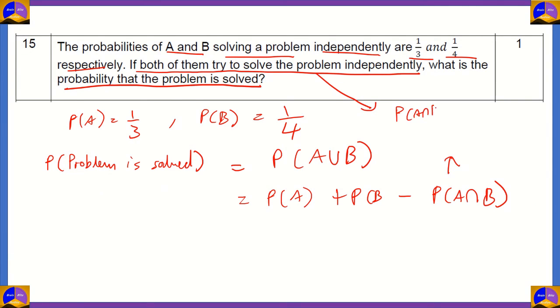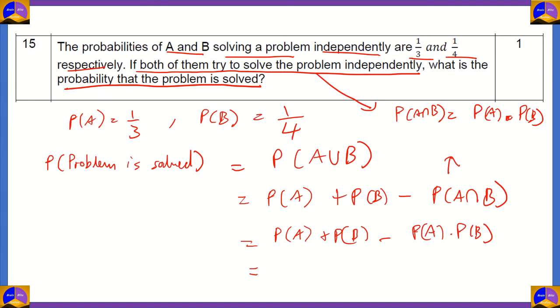So therefore P of A intersection B is equal to P of A into P of B. So P of problem is solved will be equal to P of A plus P of B minus P of A times P of B. Now that is equal to 1 by 3 plus 1 by 4 minus 1 by 12, because 1 by 3 times 1 by 4 equals 1 by 12. We can just take the LCM as 12, and you can see it becomes 4 plus 3 minus 1.